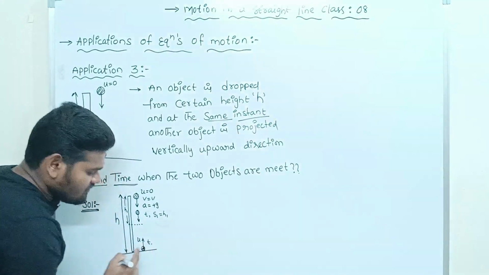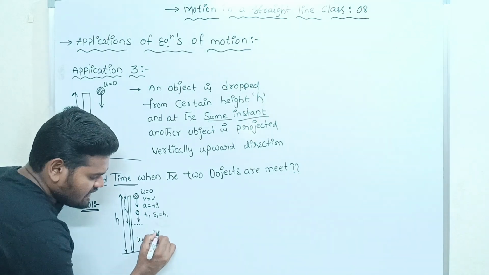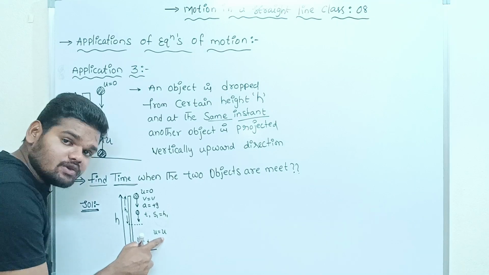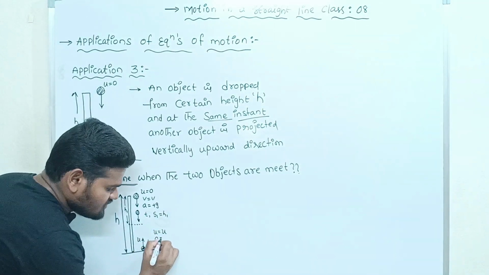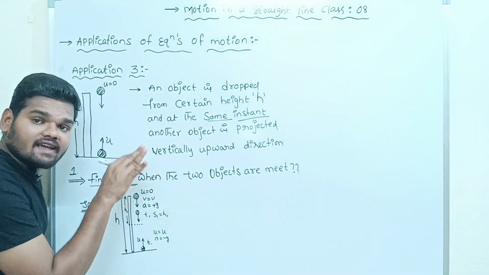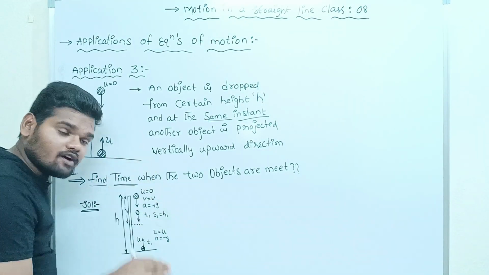Now whenever we project an object in a vertically upward direction, it has some initial velocity u, and acceleration due to gravity a is equal to minus g, because it is moving upward and acceleration due to gravity acts in a downward direction.